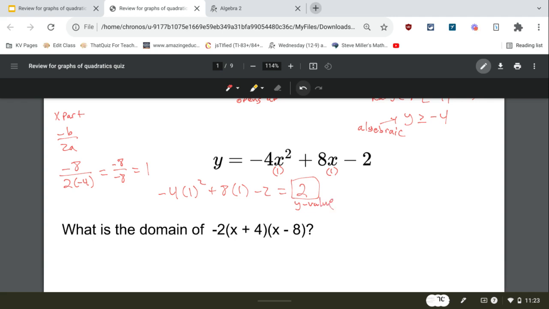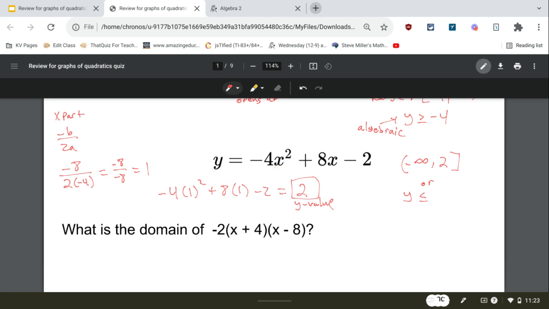And this one is opening down because my -4 here is negative. So on this one, the range is going to be -infinity, because it's opening downwards, up to 2. 2 is going to represent my maximum on this one. Or if you wanted to write it in that other notation, it would be y is less than or equal to 2.